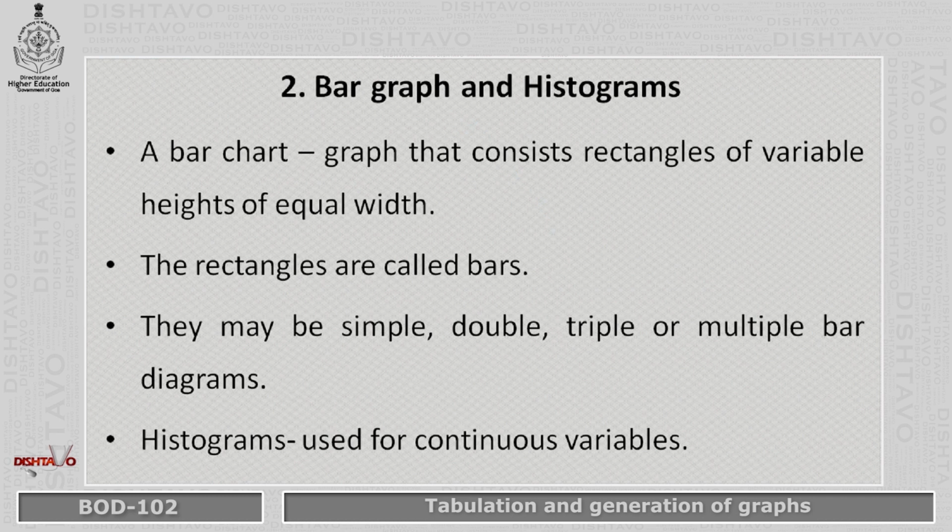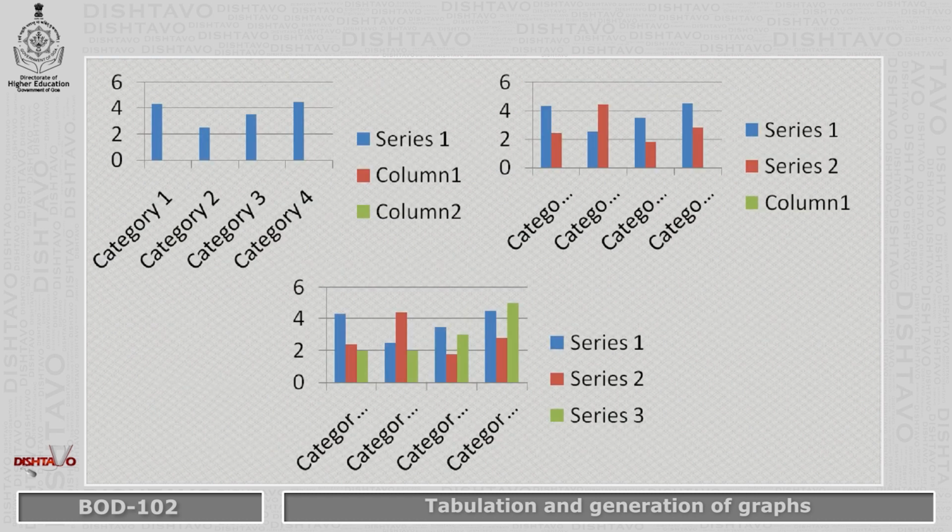Second, bar graph and histogram. A bar chart is a graph that consists of rectangles of variable heights of equal width. The rectangles here are called bars. They may be simple, double, triple or multiple bar diagrams. The histograms are used for continuous variables.